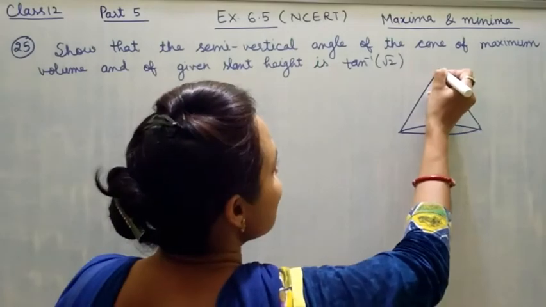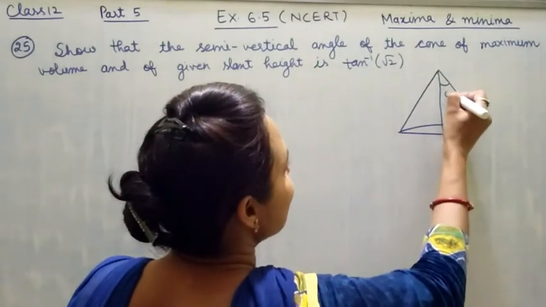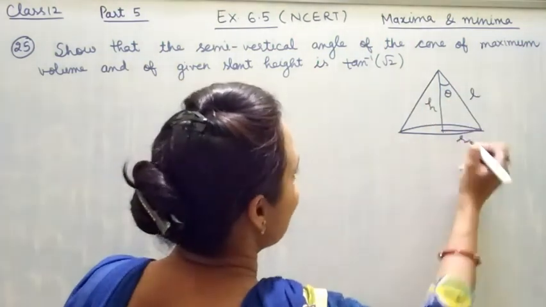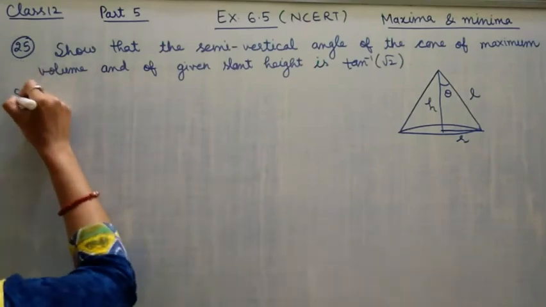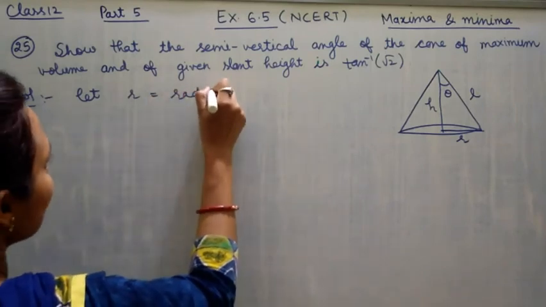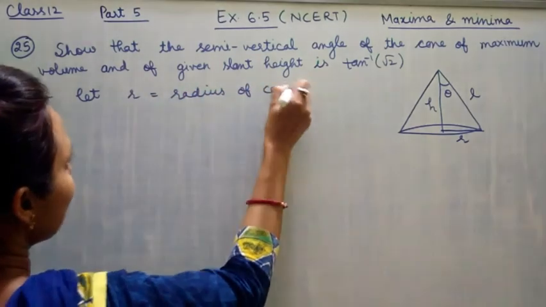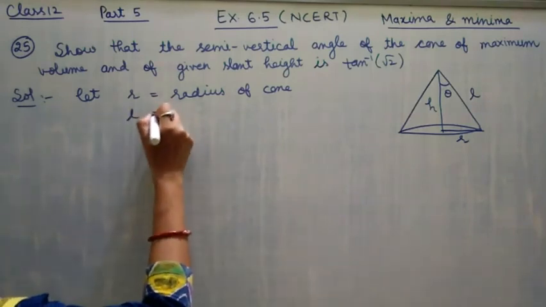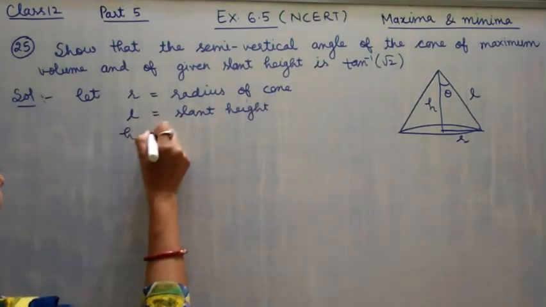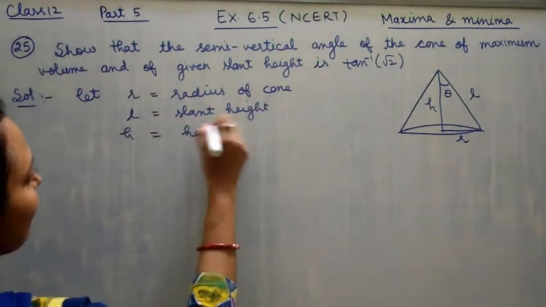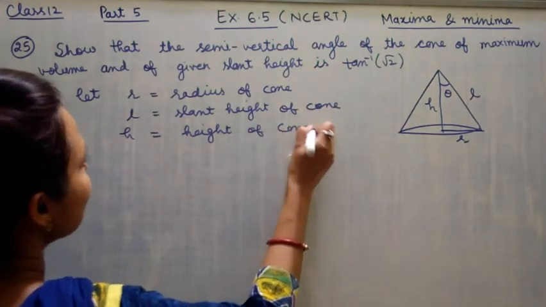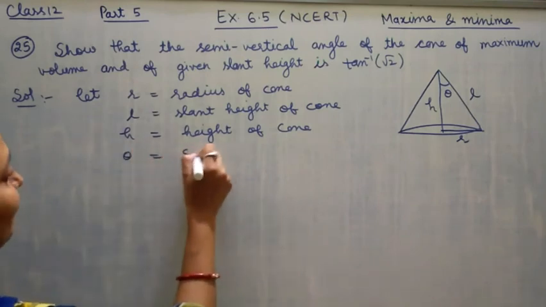First is the semi-vertical angle, this is theta. This is L, this is H and this is R. So let R be the radius of the cone, L the slant height, H the height of the cone, and theta the semi-vertical angle.